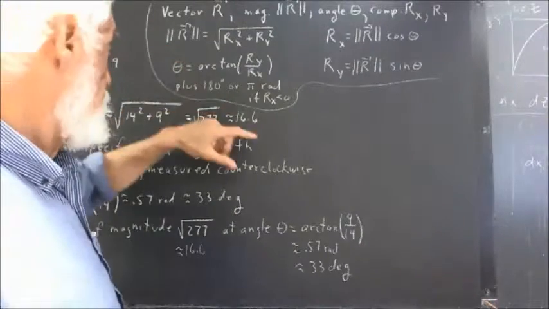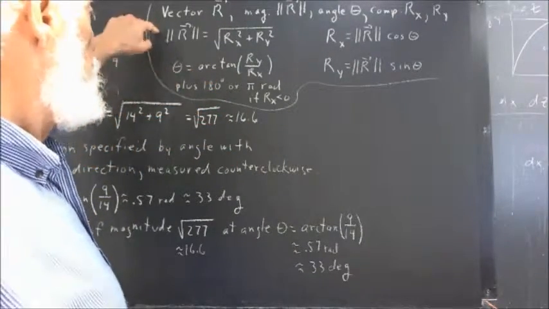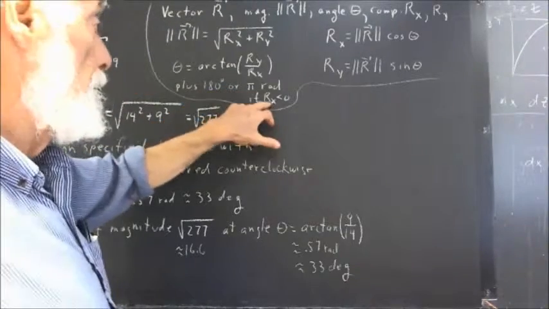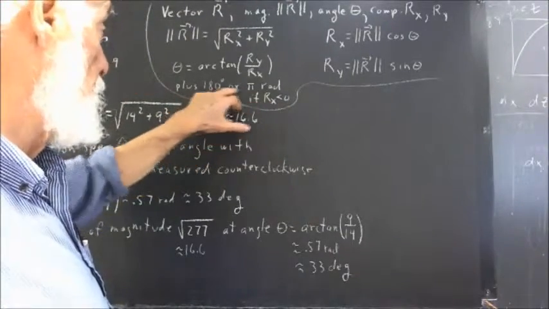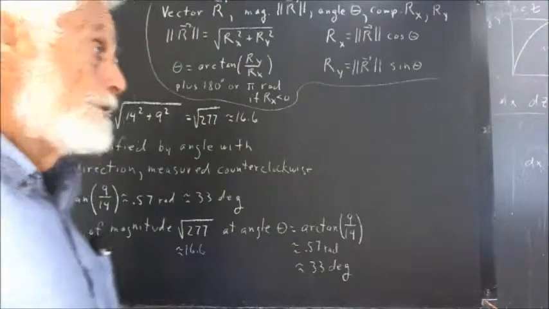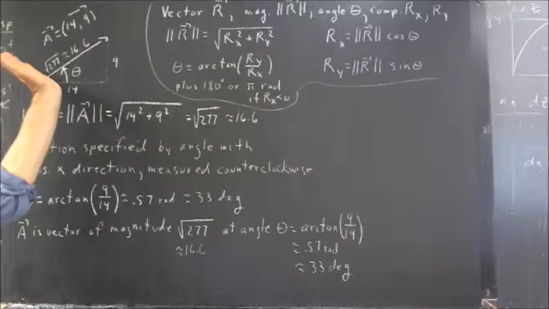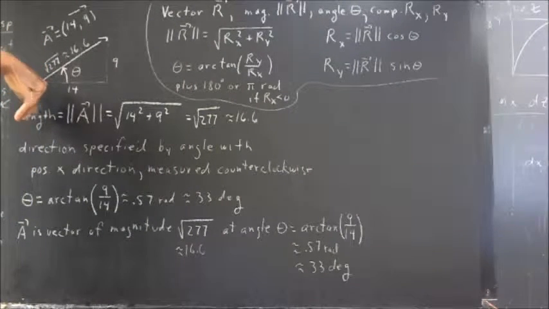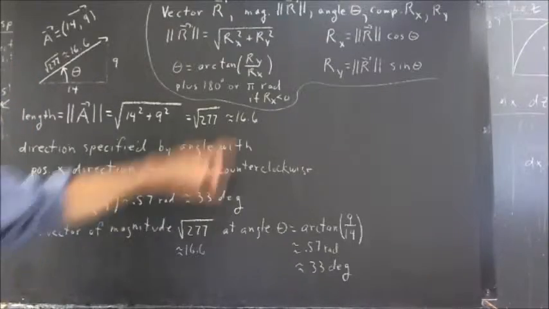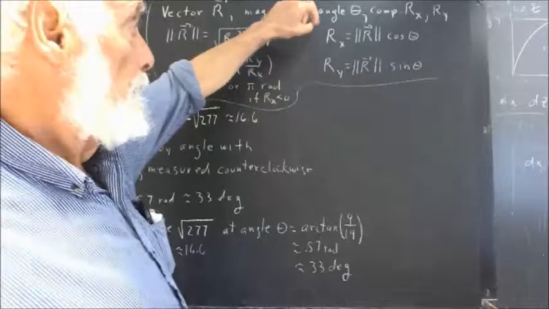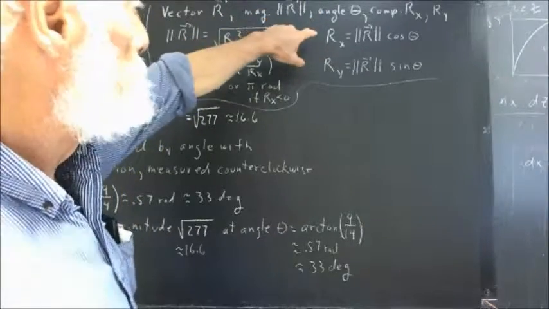We'll see what that means here in just a minute. Okay, so these are the two rules. You can think about why this is the case. If Rx is less than 0, we've got to add 180 degrees or pi radians simply because the arctangent gives us an angle between negative 90 degrees and positive 90 degrees. It's not going to give us an angle out here or down around here. And the reason is very easy to see if you think about it a little bit.